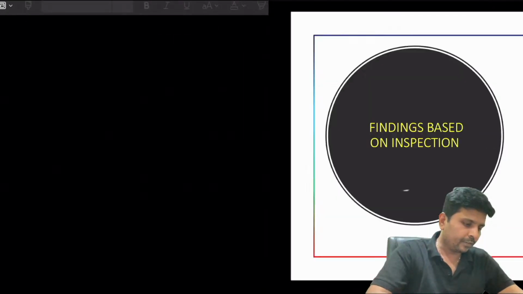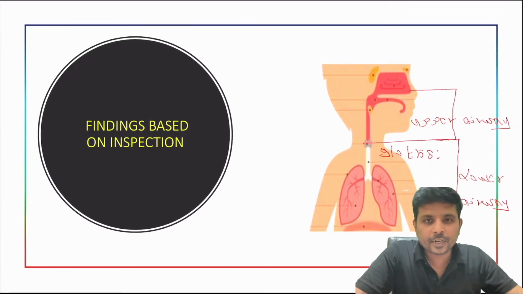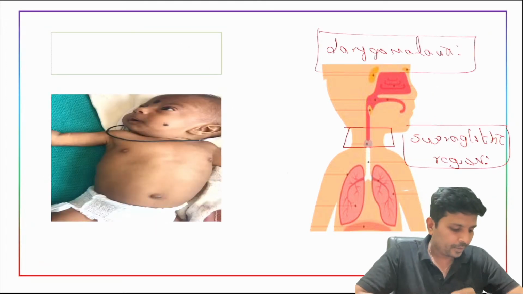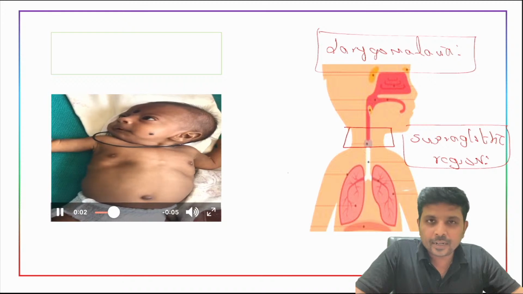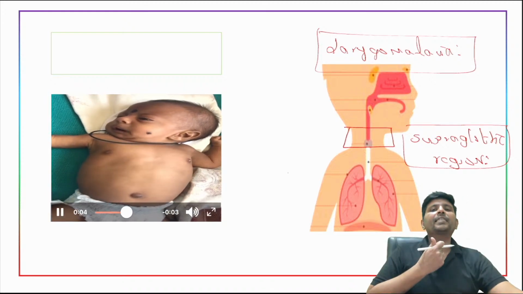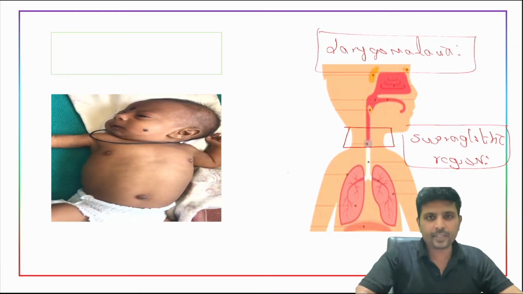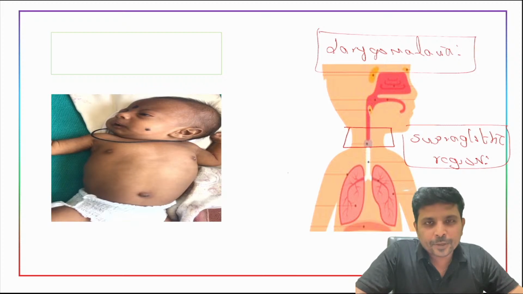So a small revision. We can identify the site of pathology based on retractions. The first are suprasternal retractions, that is retractions predominantly over this area. The site of pathology is in the supraglottic region.